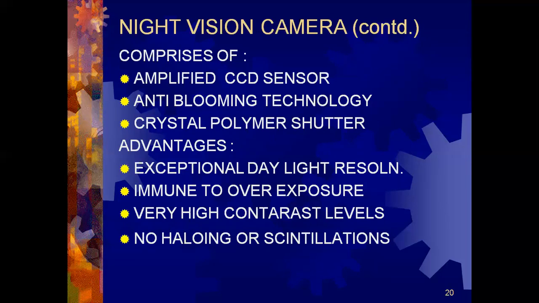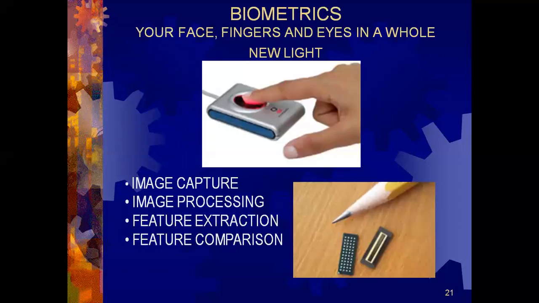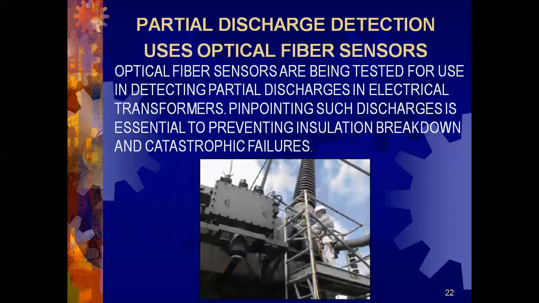The advantages of this type of sensor are exceptional day-night resolution, immunity to overexposure, very high contrast levels, and no halos or scintillations. Biometrics: your face, fingers, and eyes in a whole new light, with image capture, image processor, feature extraction, and feature comparison.